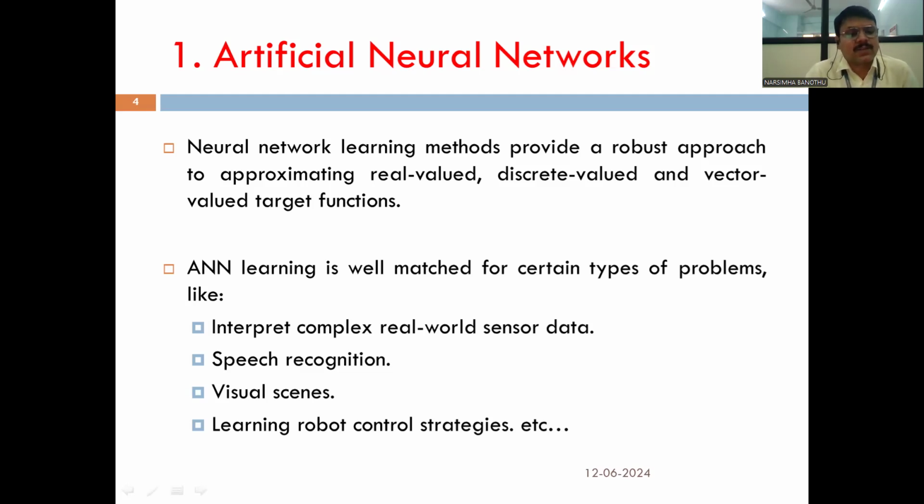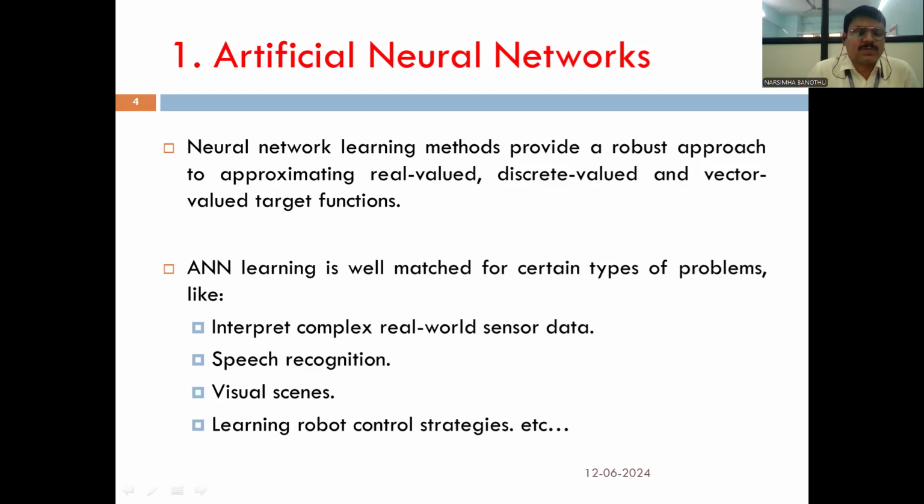Coming to the first point, interpreting complex real-world sensor data. Data can be captured by a sensor, meaning images are captured and stored as data. Speech recognition: while we are speaking, words may not be correctly caught by the machine, so at that time the machine will recognize the speech.